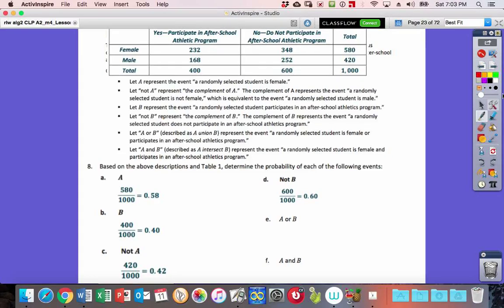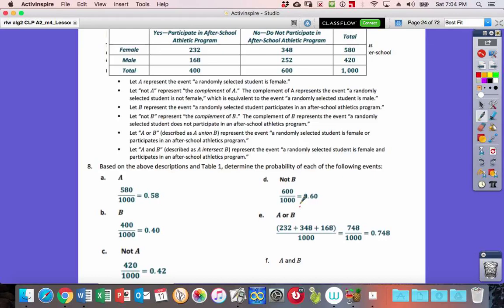Okay, if I want to say A or B, and this is the one I wanted to show you. This is A or B, and we talked about the fact that this has got to be true, or this down here's got to be true, right? Okay, let's see how they do that one.